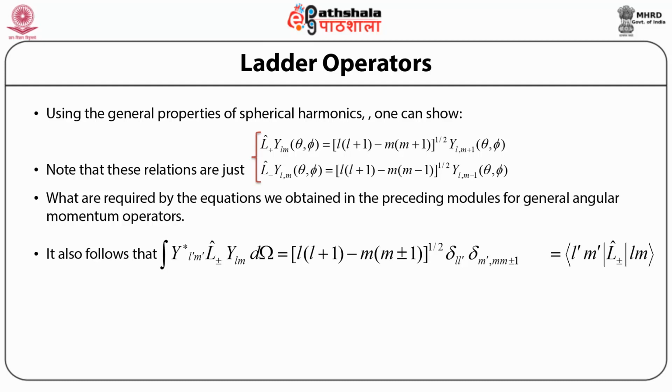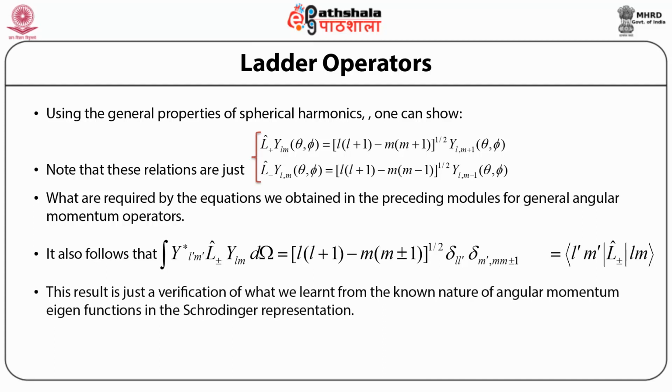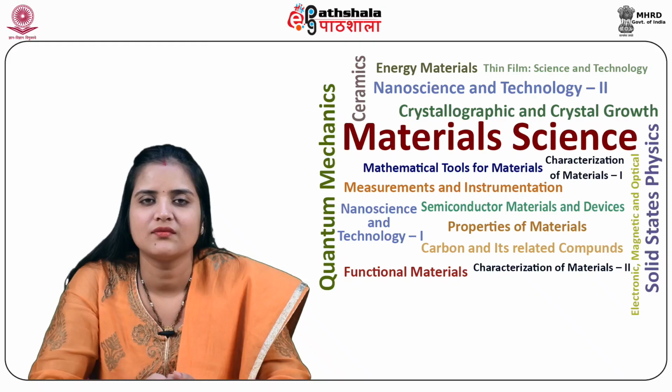This is equal to the inner product of ket l'm' with the ladder operator L± acting on ket lm. This result is just a verification of what we learned from the known nature of angular momentum eigenfunctions in the Schrödinger representation.